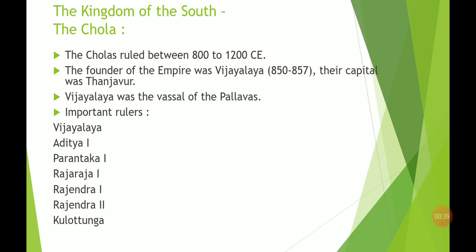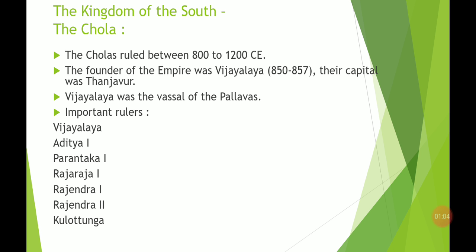So in this video we'll read about the kingdoms of the south, basically. Whatever kingdoms we read about in the previous video were related to the northern or central Indian kingdoms. Now in this video we'll read about the South Indian kingdom, that is the Chola.